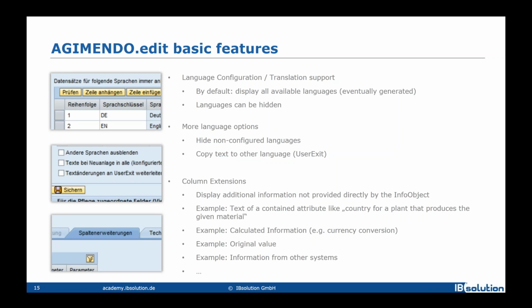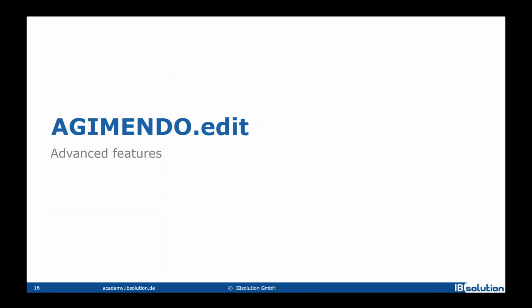A simple example is if you have two amounts as attributes, you may build an additional column to have the sum or the difference of the two. It's, of course, at your discretion to choose what you want to do with column extensions.